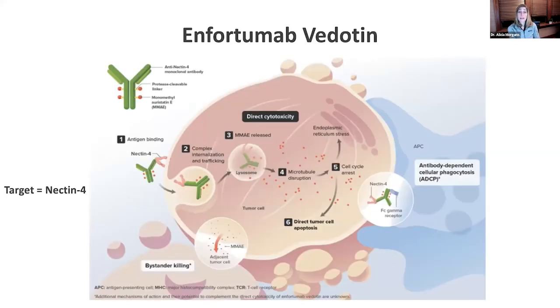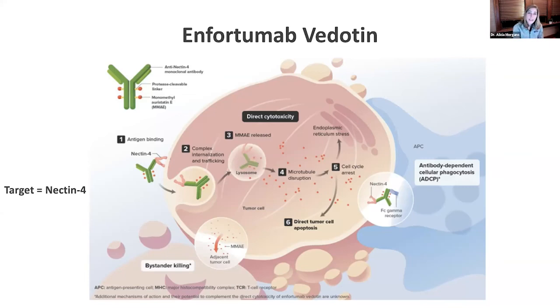So one of these is enfortumab vedotin. And this is one of the ones that's farther along in development, a really effective treatment. And we'll talk about that in just a moment. Its antibody Y is targeting a particular protein called Nectin-4. And you can see in the diagram here, that's an anti-Nectin-4 antibody. So the Y tries to get to this protein called Nectin-4.